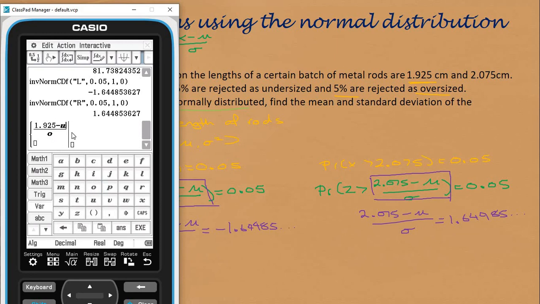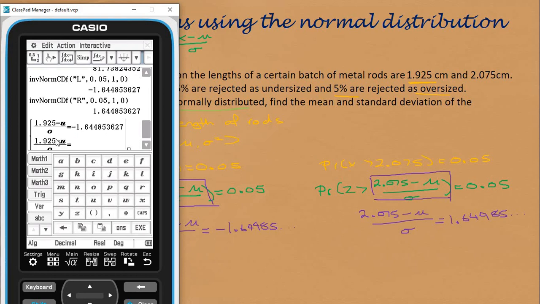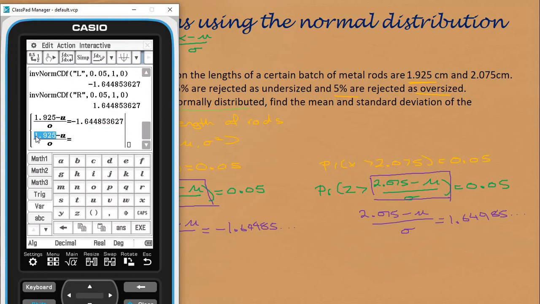And the first one is equal to, remember that we want to have entire values, we don't round off, so I'll copy this entire value and drag it here. I'm going to have a very similar thing for our second one, but our second equation will be 2.075, still minus the mean, but this one's going to be equal to positive.